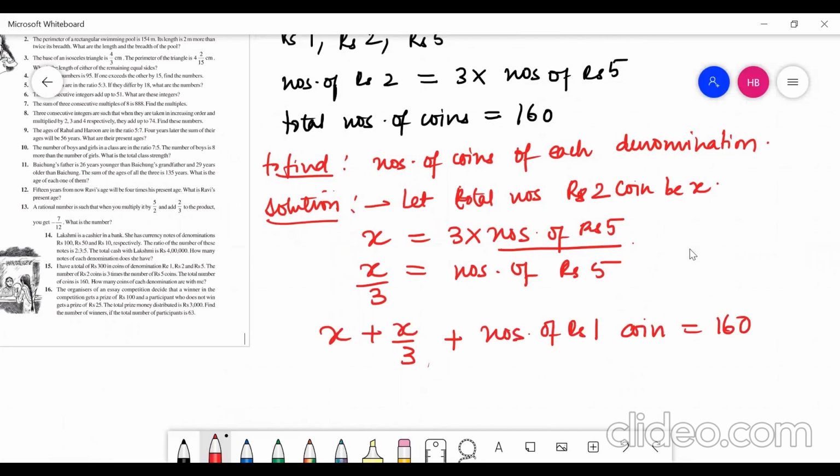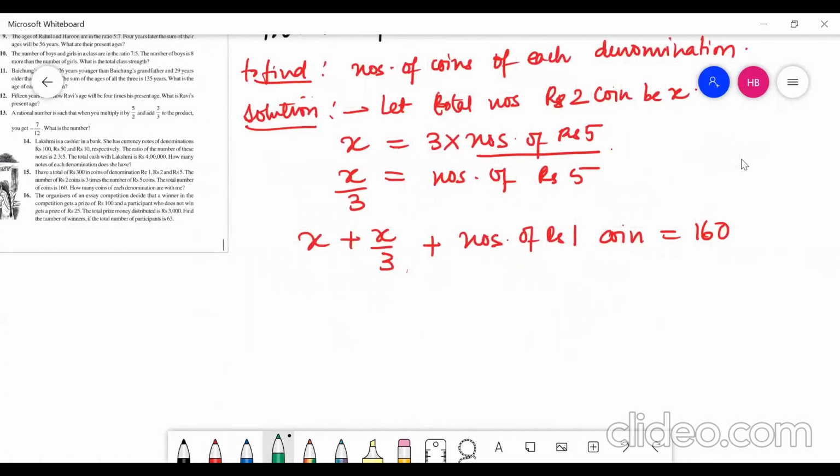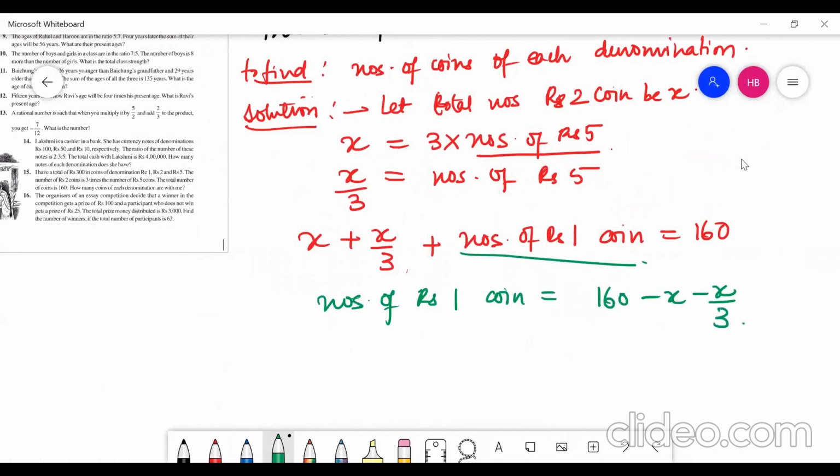If I add all these three, I will get 160 as an answer. So can I find the number of rupee 1 coin from this equation? The number of rupee 1 coin will be equal to 160 minus x by 3, right? So that will give me the number of rupee 1 coin.